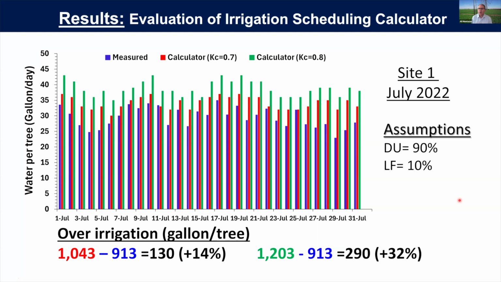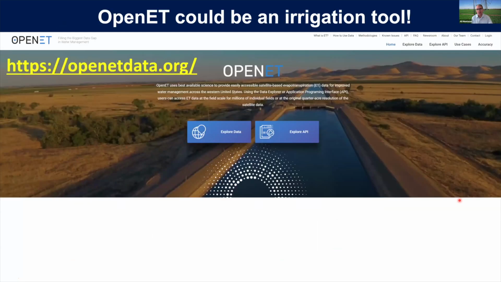When you use 0.8 as the crop coefficient, you are over-irrigating 32% in July for that year. So I think with 0.7, of course, you can conserve water, and you can compensate for all the water needs of your orchard and your trees. That shows the importance of a more accurate crop coefficient for your irrigation management.